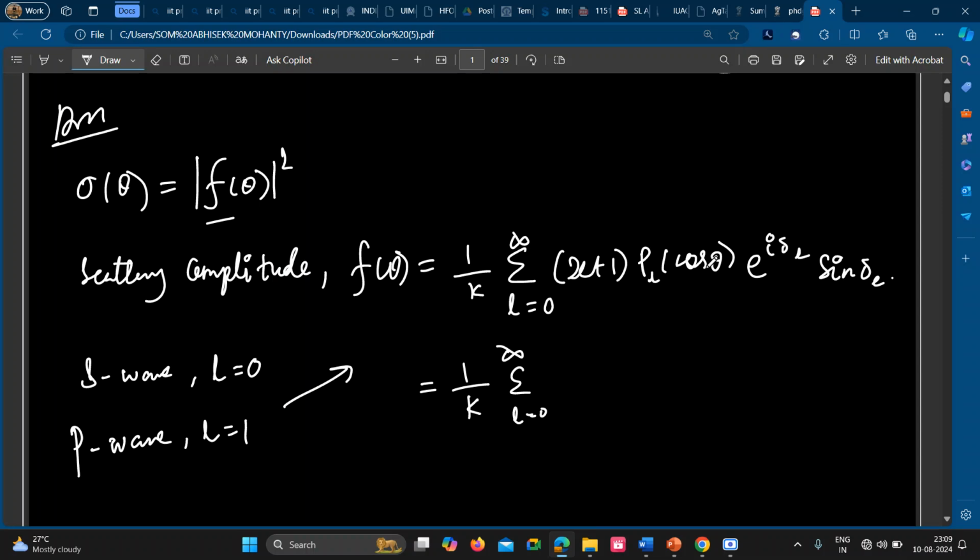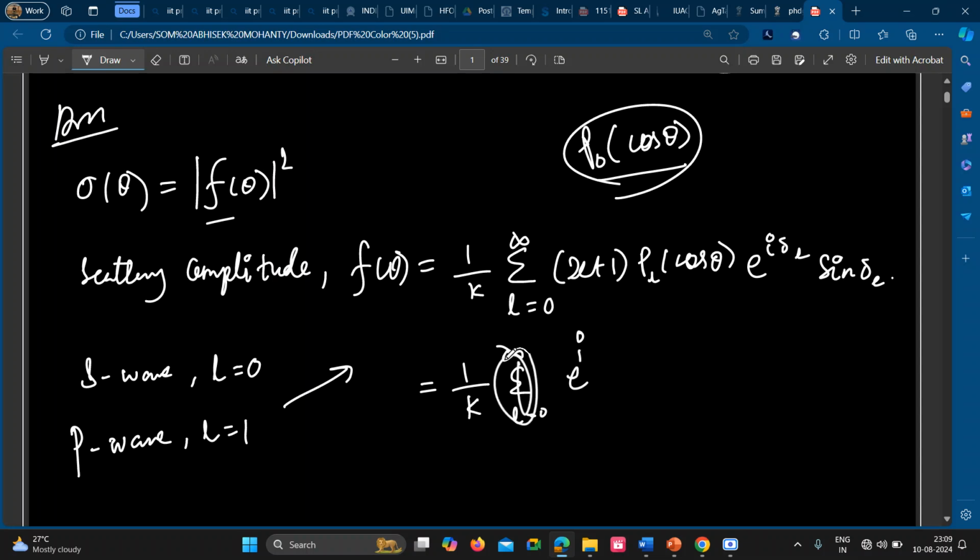P0 cos theta is 1, so 1 into e to the power i delta 0 sine delta 0, plus, now I'll put 1.